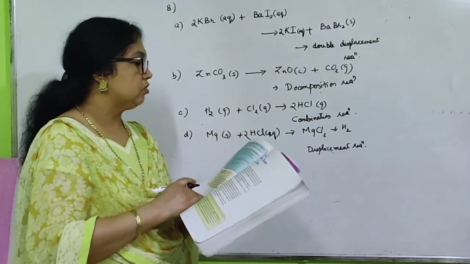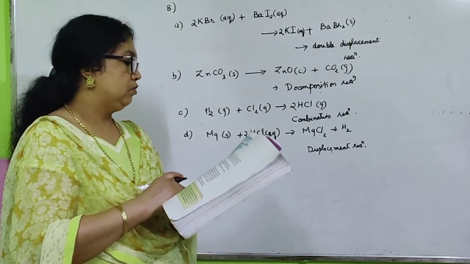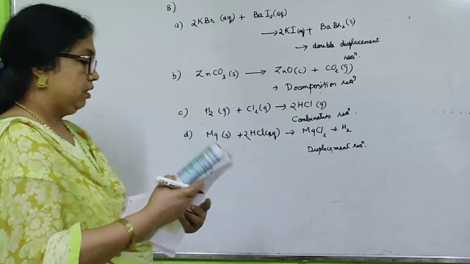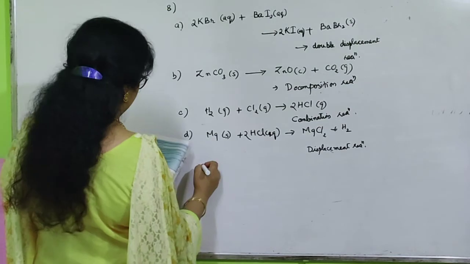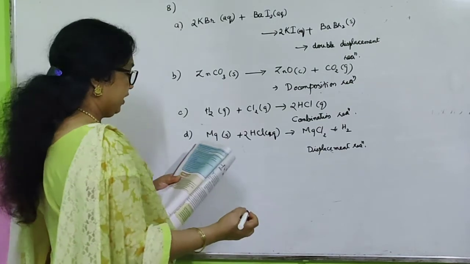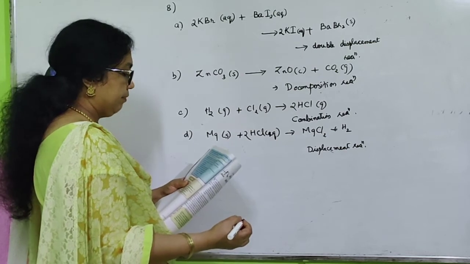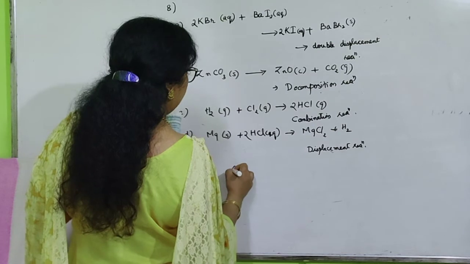All the other questions I have already explained: precipitation, oxidation. In the 17th question, a shiny brown colored element X on heating in air becomes black in color. Name the element X and the black compound. What is the brown colored metal? Copper.